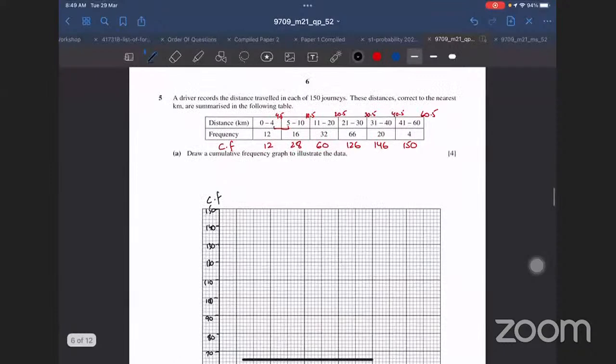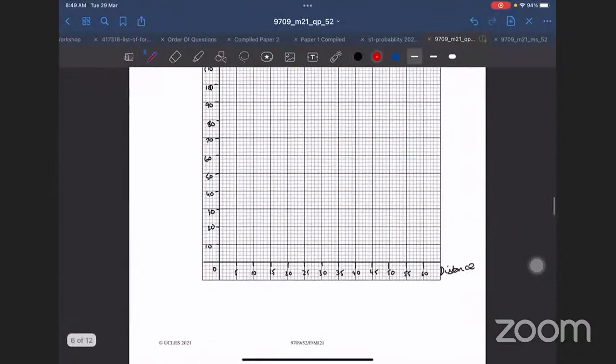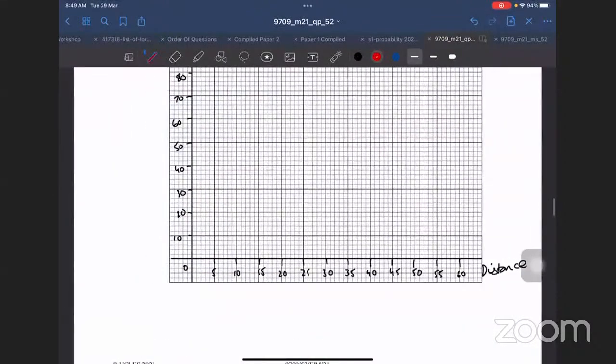Now, in order to plot these, the first thing that I have to plot is 4.5 and 12. Okay, that's not 12. This is 12. That's my first point.